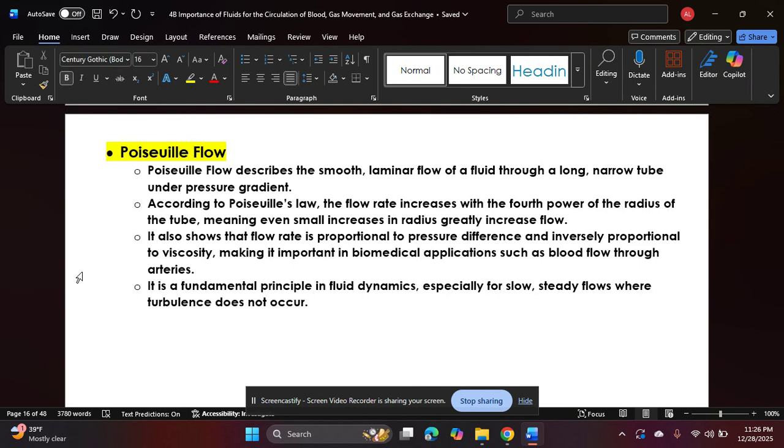It also shows that the flow rate is proportional to pressure difference and inversely proportional to viscosity, making it important in biomedical applications such as blood flow through arteries. It is a fundamental principle in fluid dynamics, especially for slow, steady flows where turbulence does not occur.